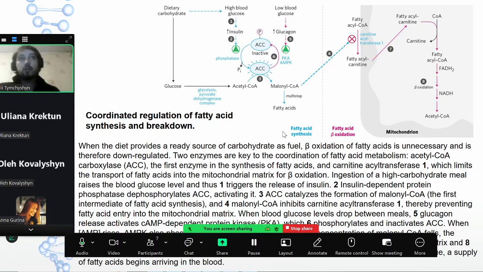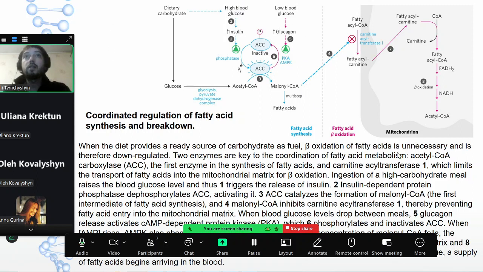So when we get some energy, it's time to store it for some future. If we are in a state we are not able to acquire some energy, so for some reason the food is scarce, or we are just waiting for some time to have a meal, so we can't eat something right now, then different signals should start processes of mobilization of our energy storages.